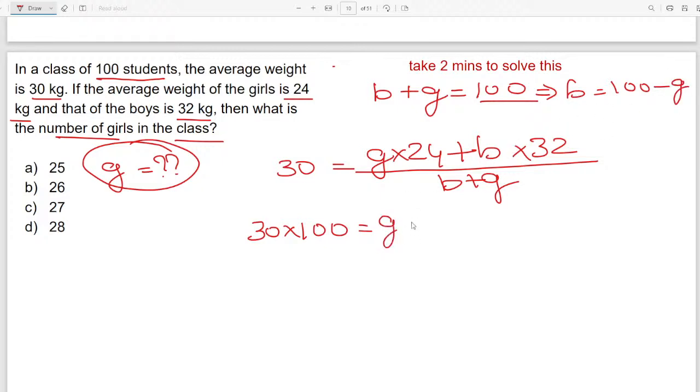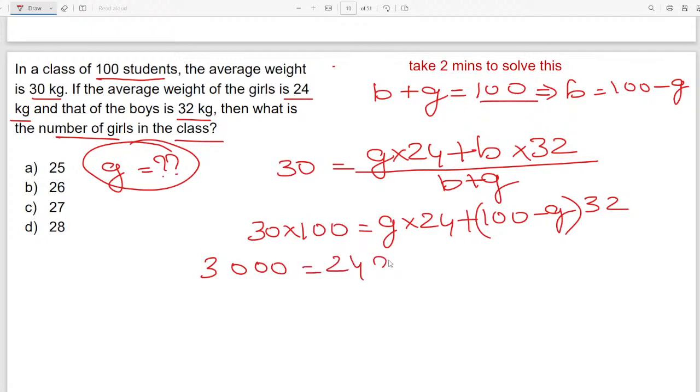We have G into 24 plus B, which is 100 minus G, into 32. This is 3000 is equal to 24G plus 3200 minus 32G.